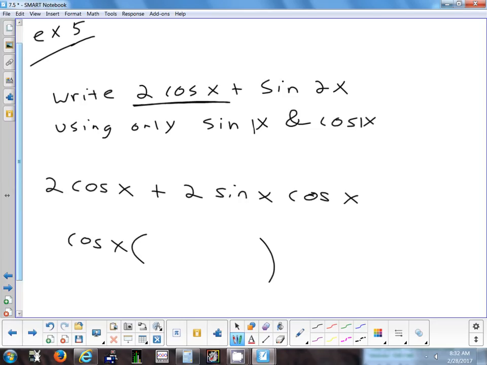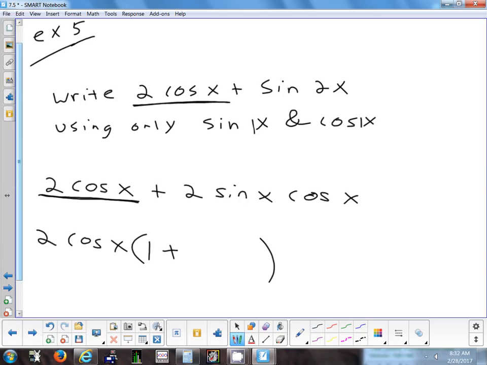Something else that the first and second term have in common. Sine x? No, they both don't have a sine x. But 2. They both have a 2 and they both have a cosine. If you factor that out from the first part, what would you be left with? From this part? You're just left with a 1.